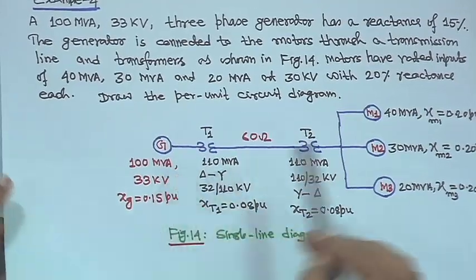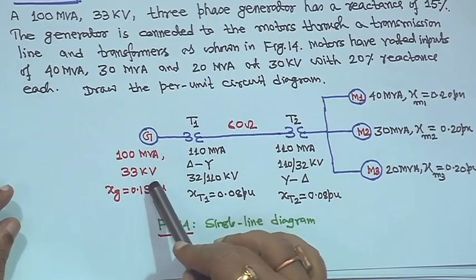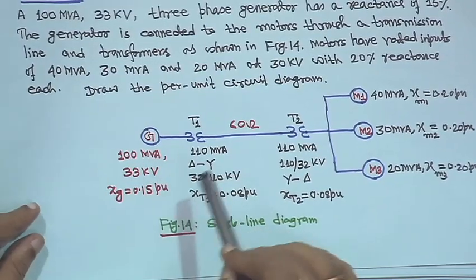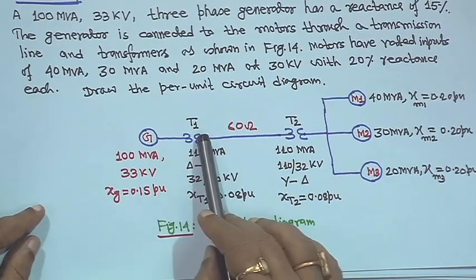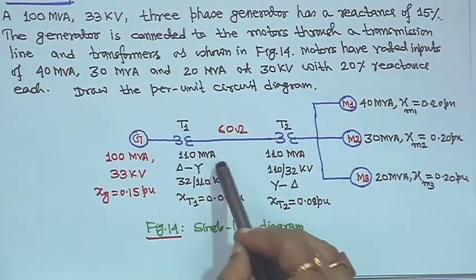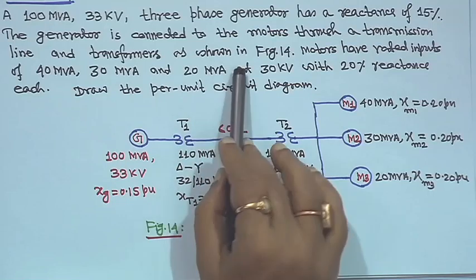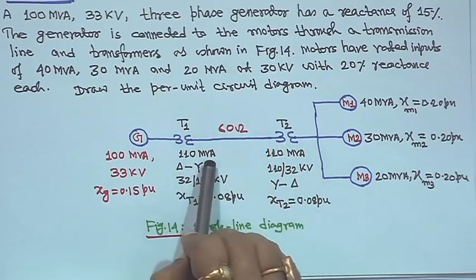That means you have a generator, it is 100 MVA, 33 kV, and Xg is equal to 0.15 per unit is given. Then transformer T1 is there, it is a 110 MVA transformer, rating is not mentioned here, but here it is mentioned 110 MVA.